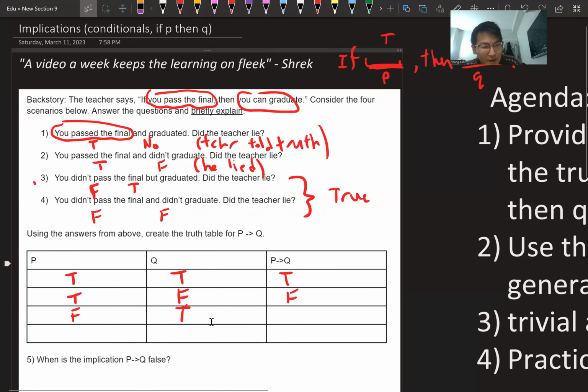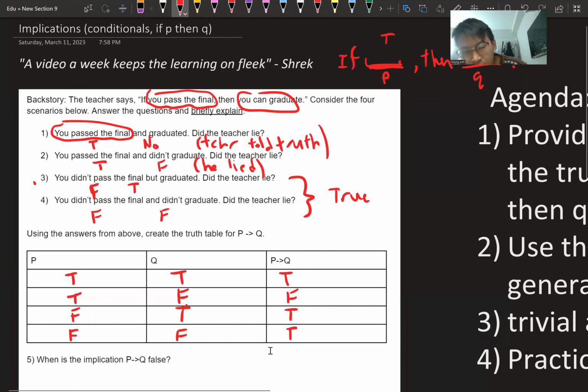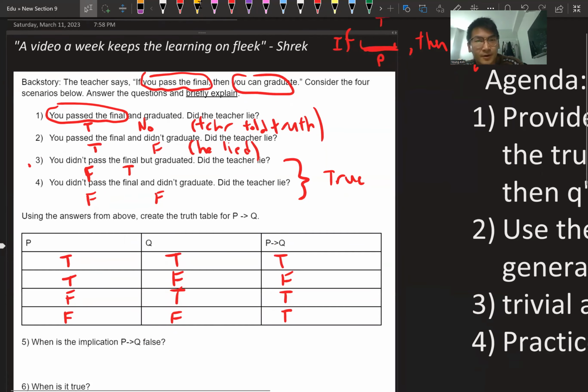We said in this case that anything goes, so this is true, and similarly in this case too. You didn't pass and you didn't graduate, so this is true. Number four is kind of convincing if you think about it intuitively: you didn't pass and you didn't graduate, so it's like he did tell the truth.